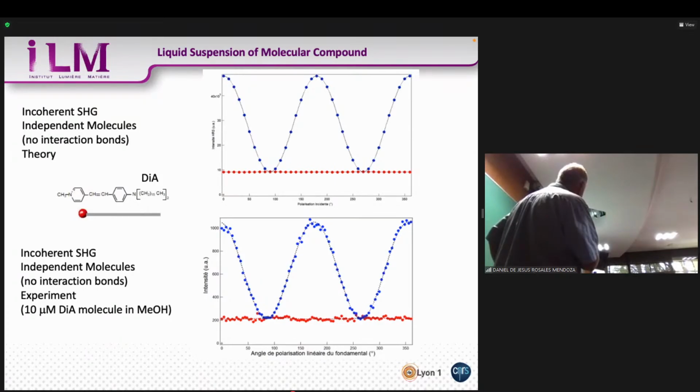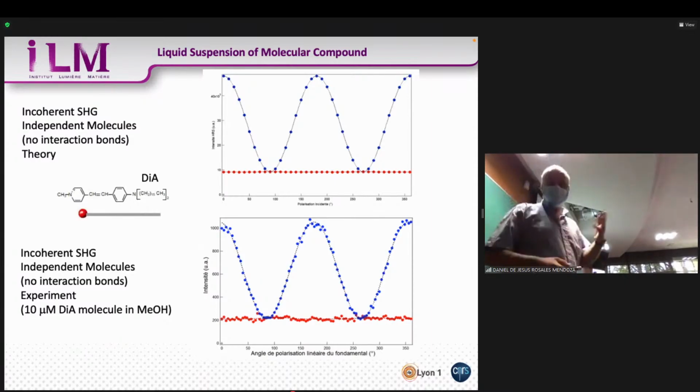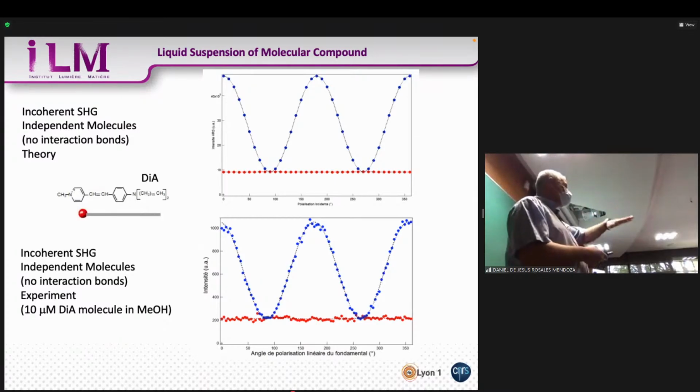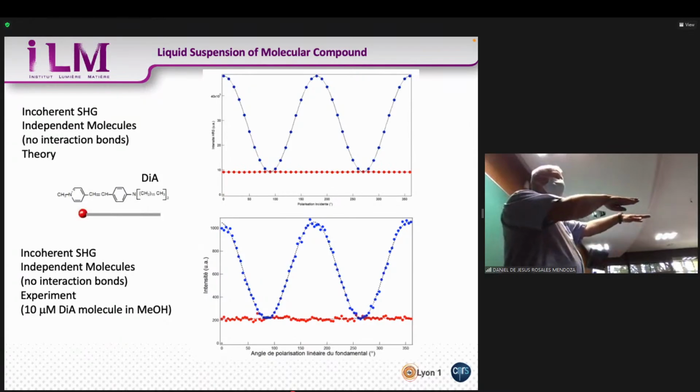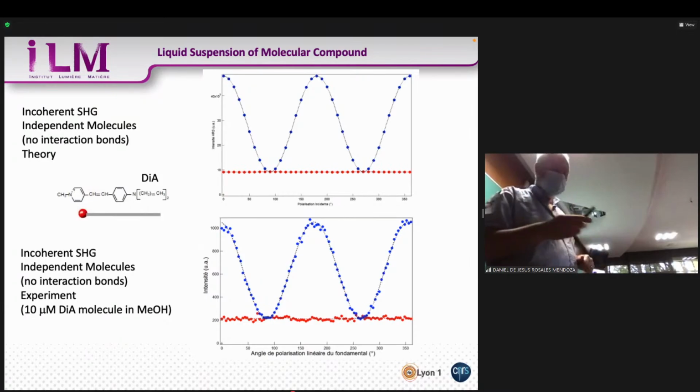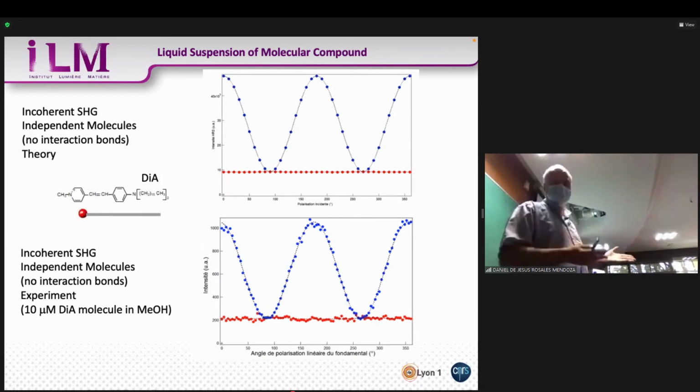The blue curve is for the vertical polarization, and we rotate the input angle of polarization. And the red one is actually the flat one, which is the horizontal polarization. Horizontal polarization will be, in this case, if you remember, parallel to the direction of propagation of the fundamental beam. So this is the theory for the molecule we've just discussed, dispersed in the solution.